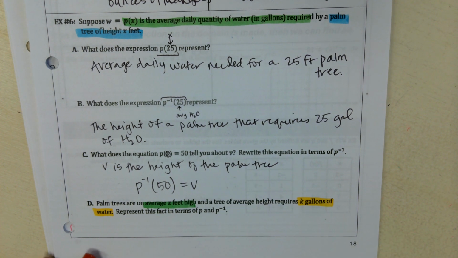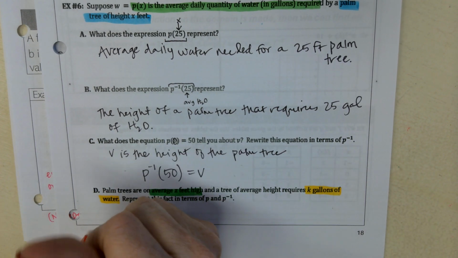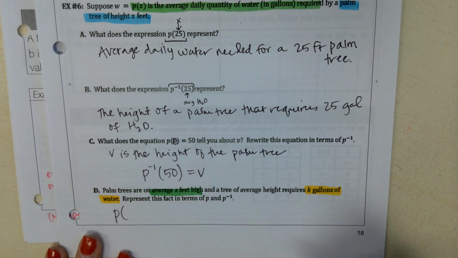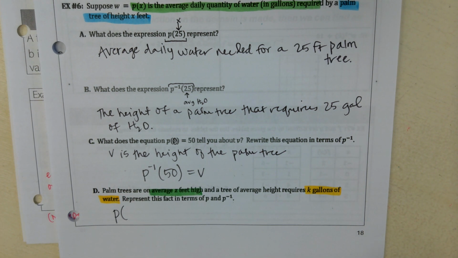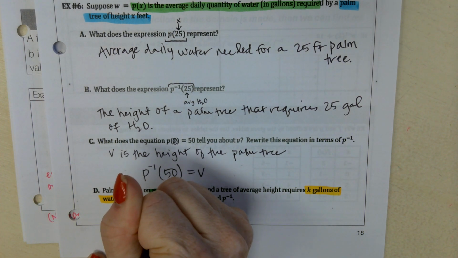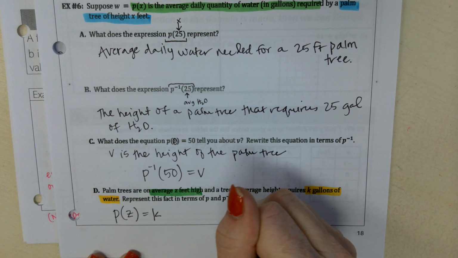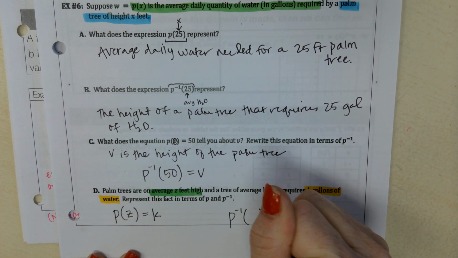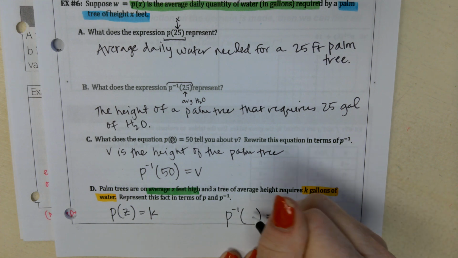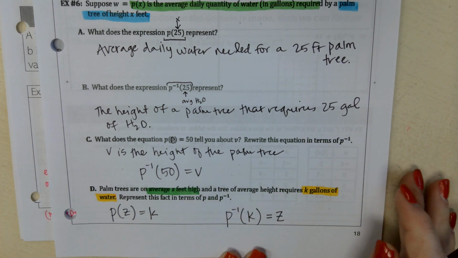For my original function, what was I substituting? P of x, right? So which here represents the height? Z. So here I'm going to say P of Z equals K. And then for the inverse, I'm going to take those variables and swap them. So that gives me P inverse of K equals Z. Perfect.